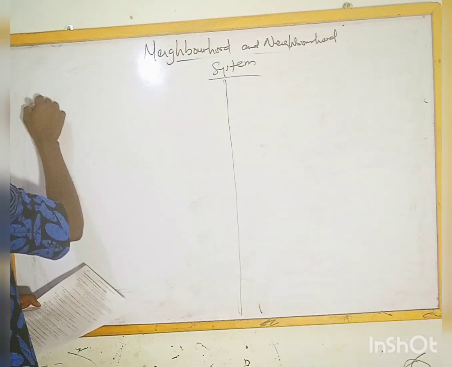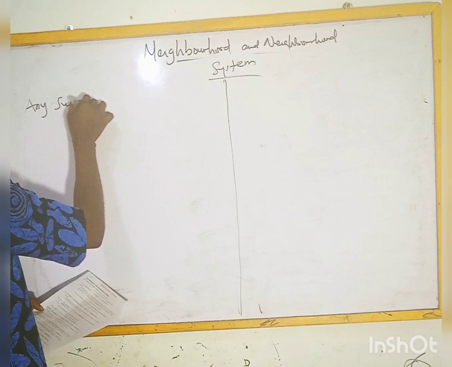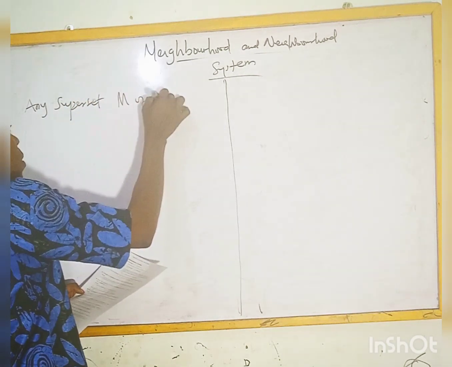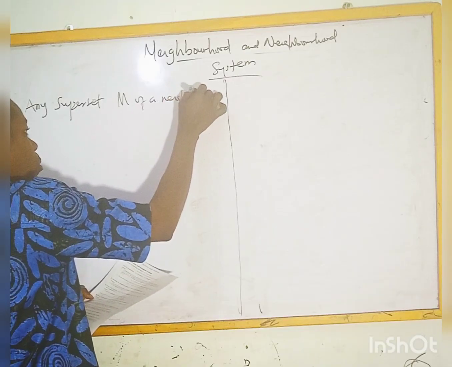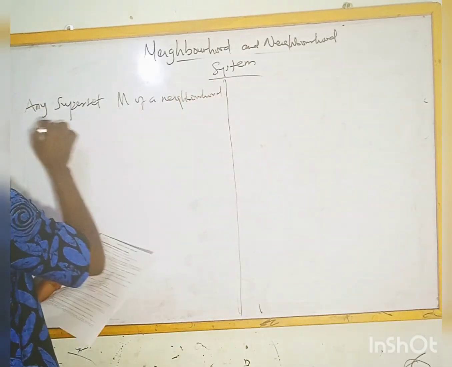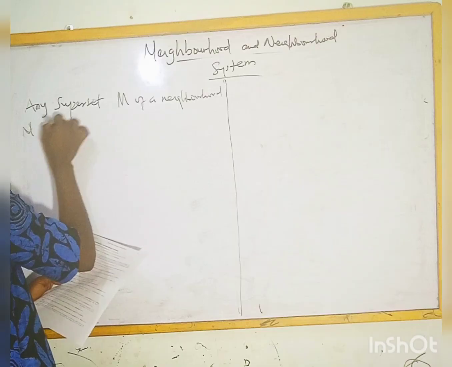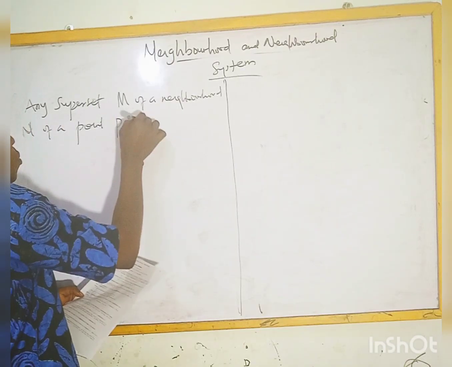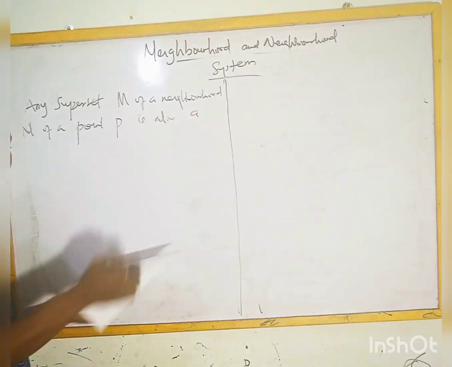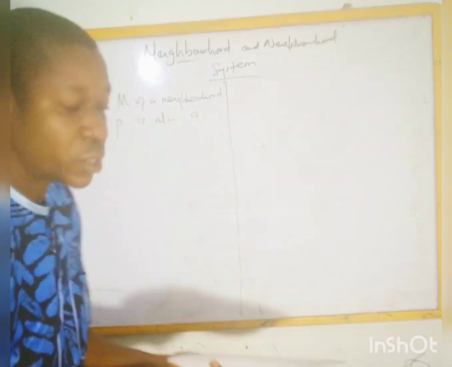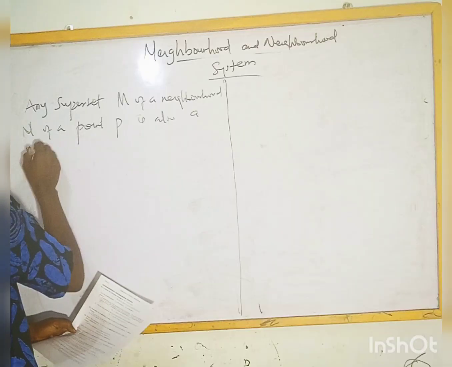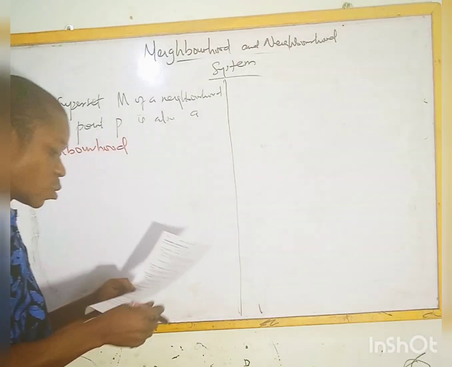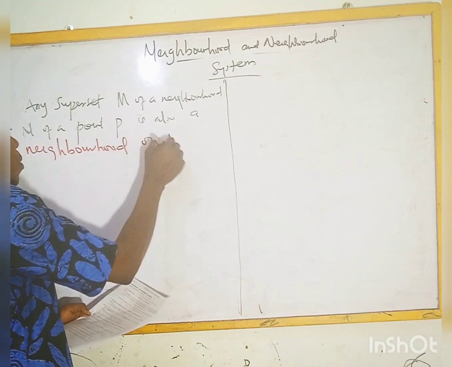Any superset M of a neighborhood N of a point P is also a neighborhood of P. You can see that.